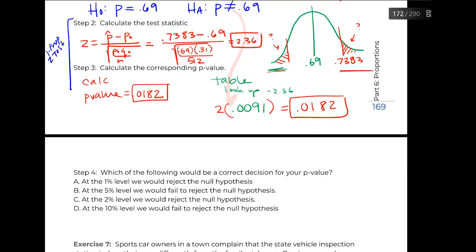All right, so the last step here is making our decision. And this question basically just gives us a bunch of different alpha levels to check or significance levels to check. We know our p-value is 0.0182. And we can compare it to all these different values that they give us.